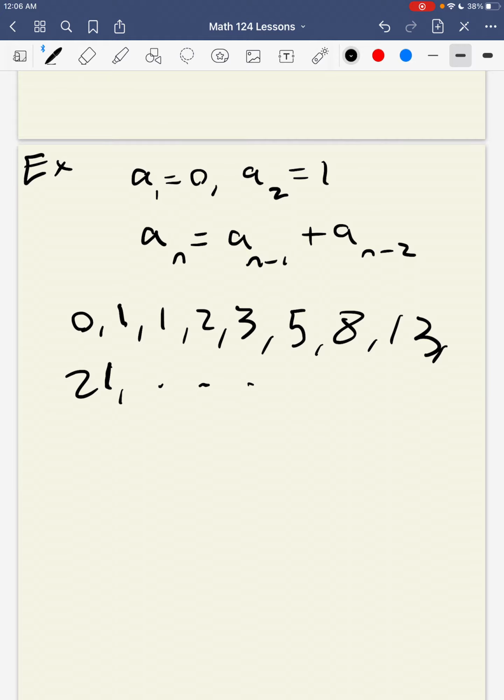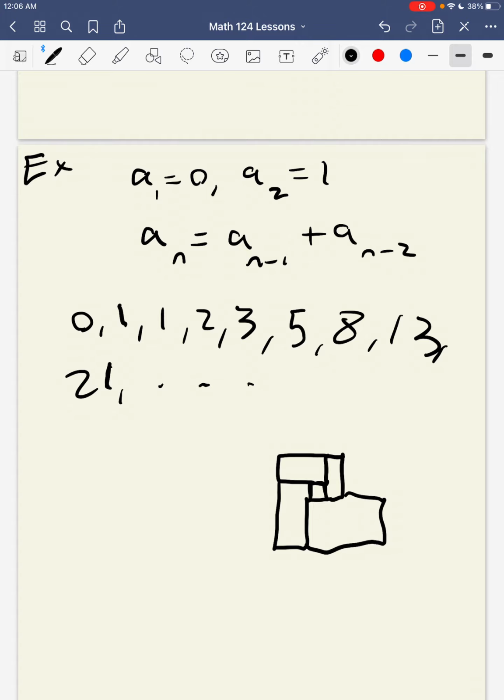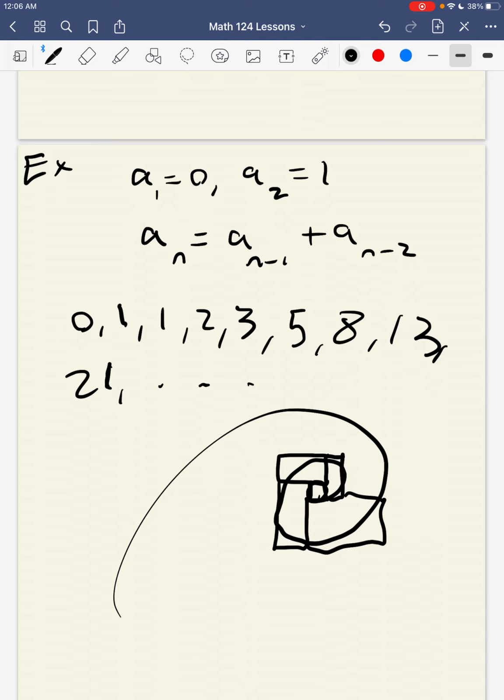A few cool things about it. If you draw squares whose area equals these numbers, and you stack up the squares in this way, they make a spiral, and it happens to be a spiral we see in nature a lot.